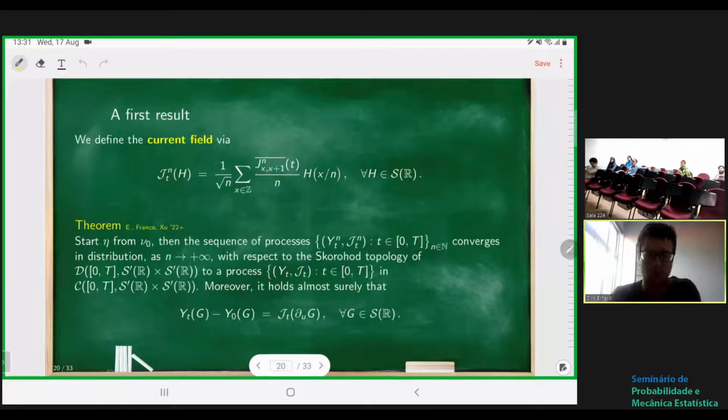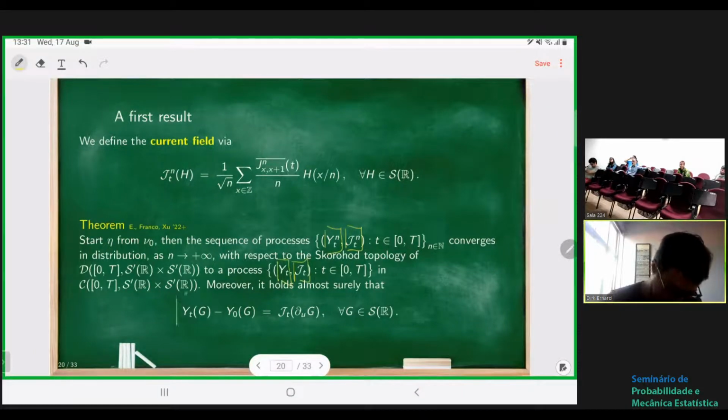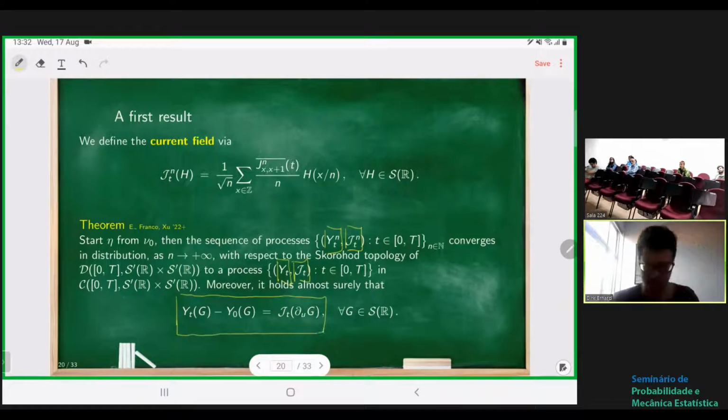If you look at this joint process, fluctuation field and current field, then this converges in a certain sense to some process (Y_t, J_t), where Y_t is the limiting fluctuation field and J_t is the limiting current field, and these two objects are related in this way: Y_t of g minus Y_0 of g is the current field evaluated at the derivative of g.